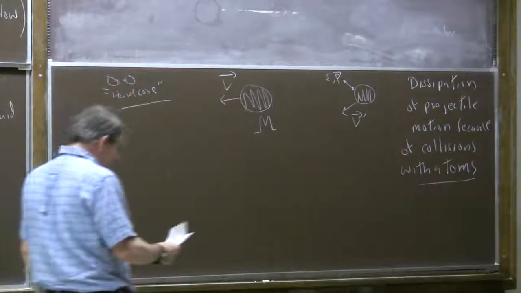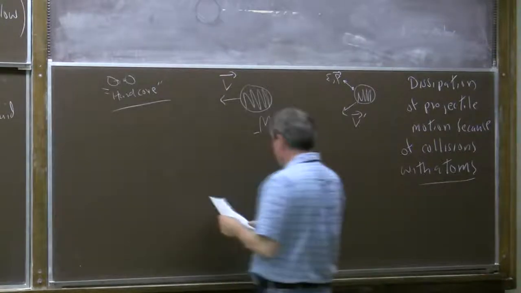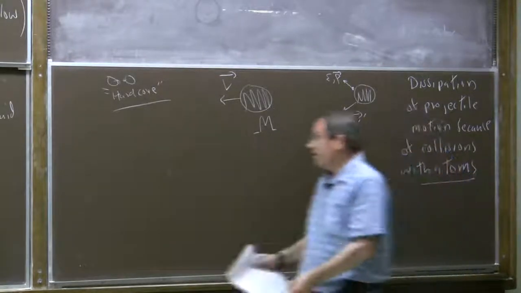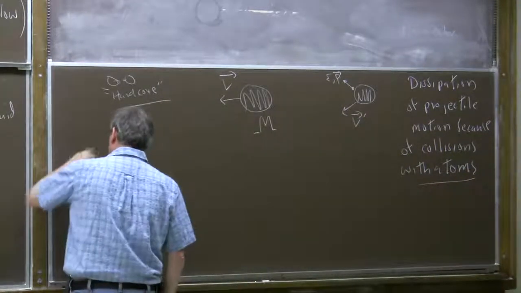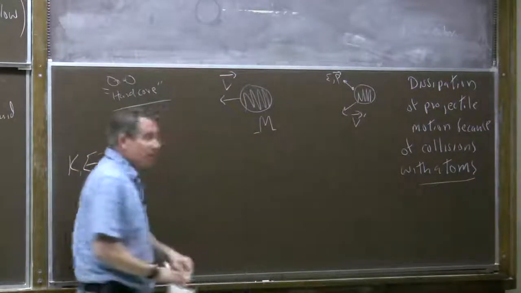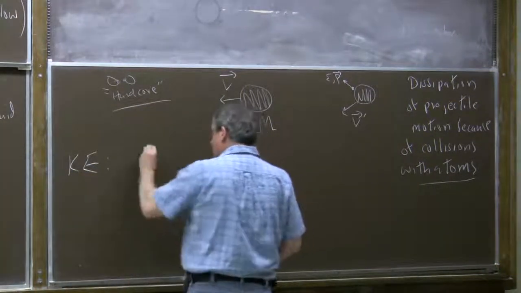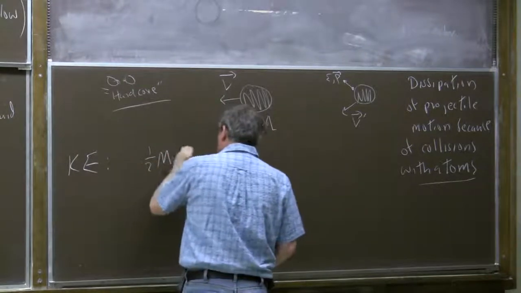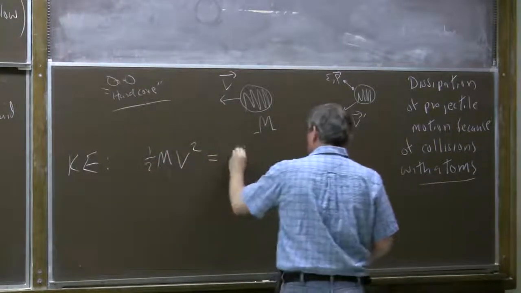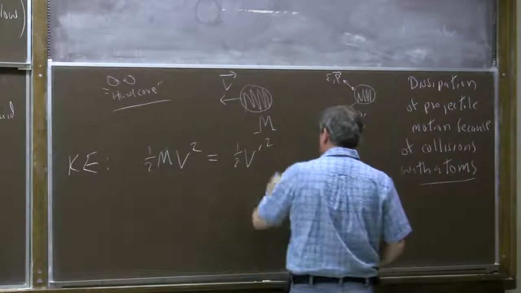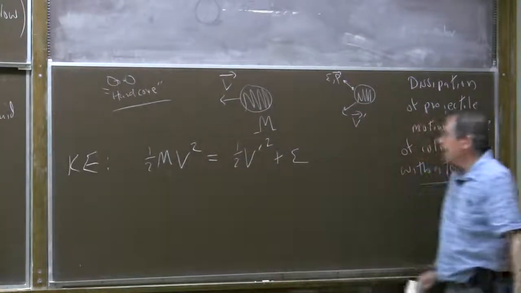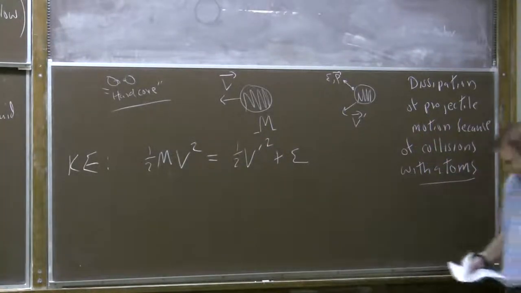So let's do the freshman physics of understanding this collision. There's conservation of kinetic energy. We have an atom which I'll imagine is initially at rest, gets excited by the motion of the projectile. The projectile's velocity changes a little bit. Since kinetic energy is conserved, the initial kinetic energy of the projectile is equal to its final kinetic energy plus the energy acquired by the atom.